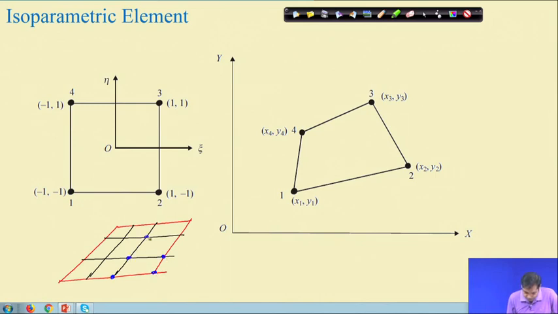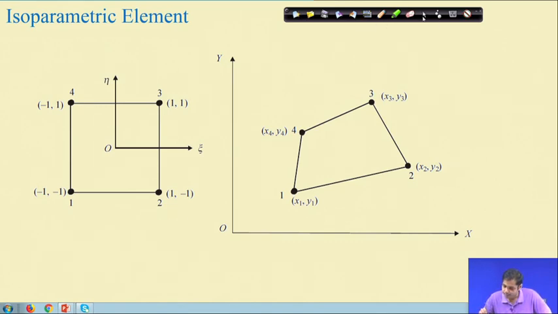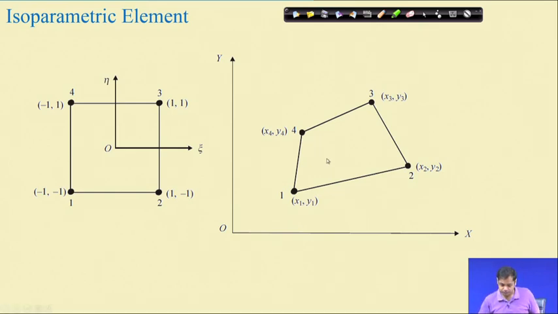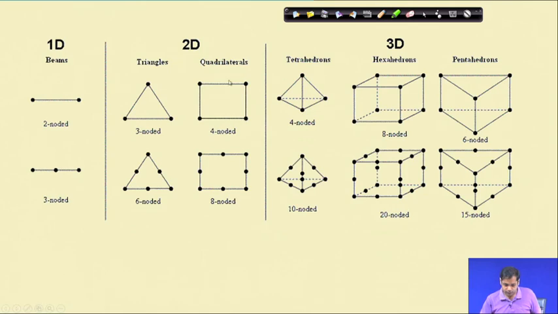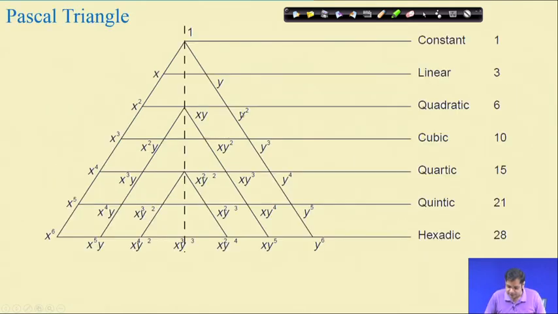Now, you recall when we talked about these quadrilateral 4 noded elements, we assumed, if I go back to the 4 noded quadrilateral, that this length is L and this length is H, right?